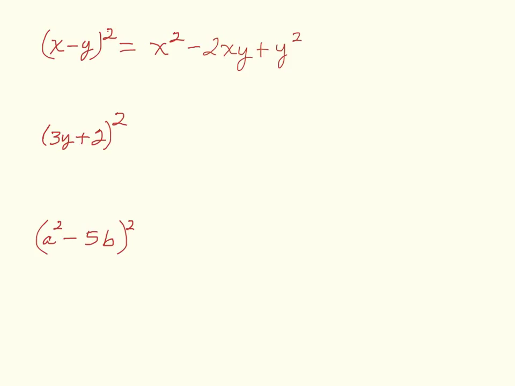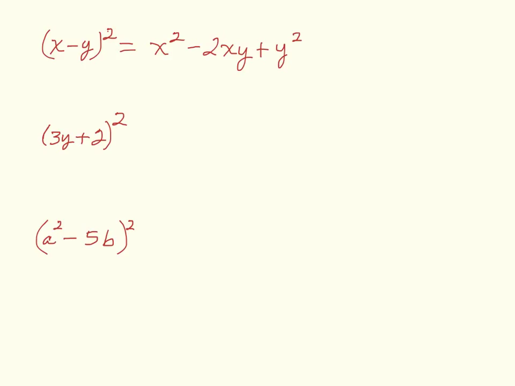But the last term here has to be positive, because remember where it's coming from. It's coming from squaring a number or a term. And remember what square means. It means multiply it by itself. So even if the y was negative, what's a negative y times a negative y?